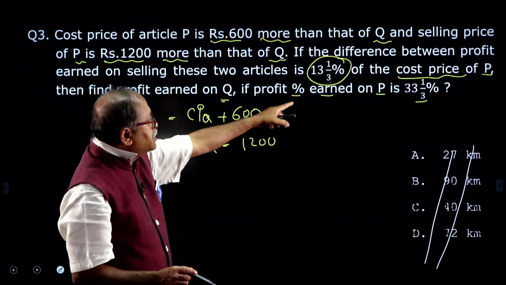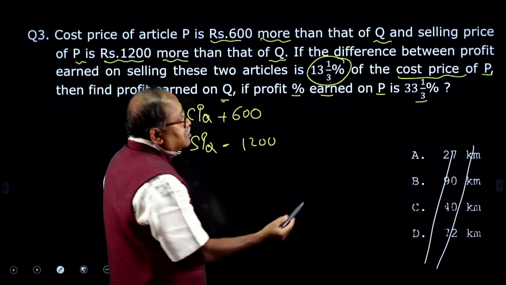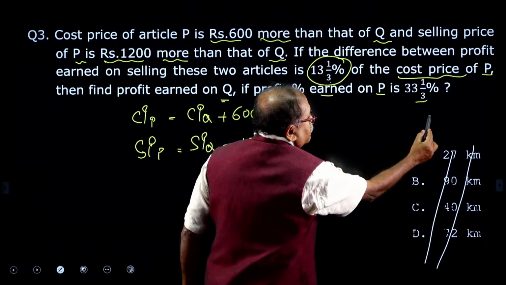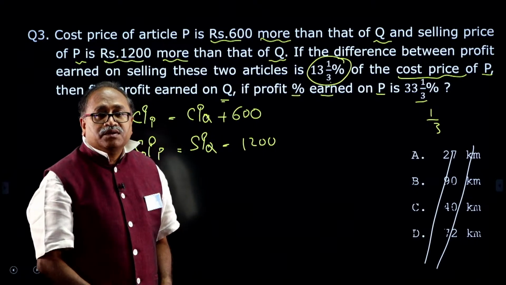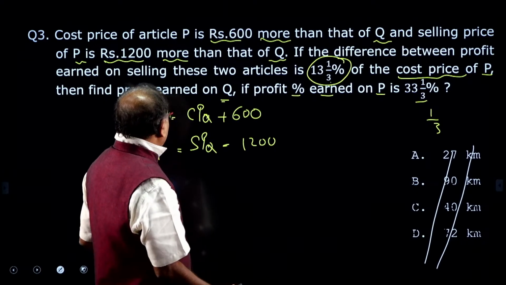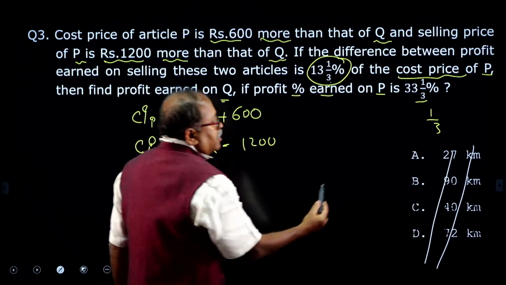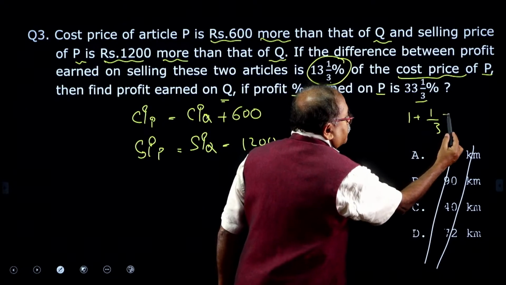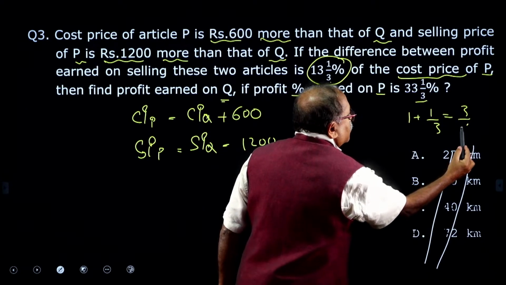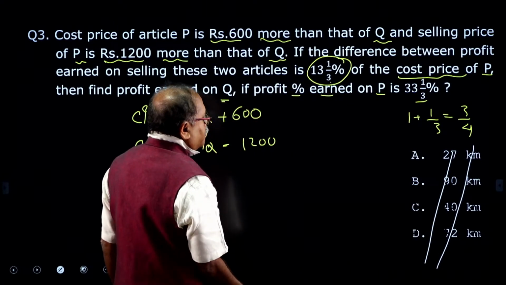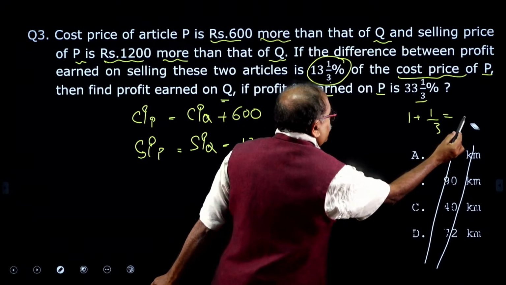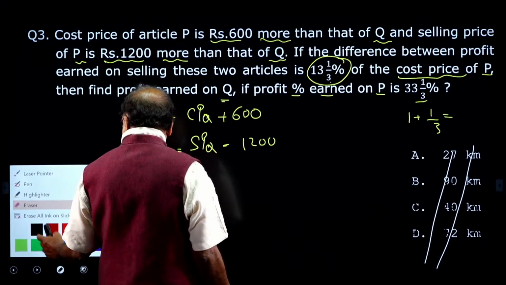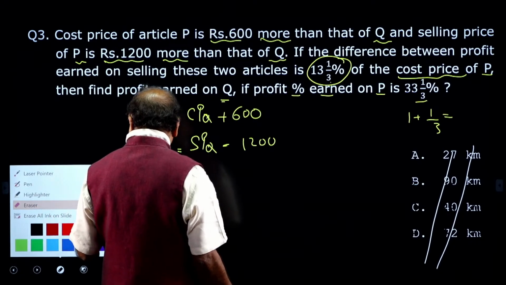Then if the profit earned on P is 1/3, that means the selling price of P will be 1 plus 1/3, that is 4/3. The selling price will be 4/3 of the cost price.